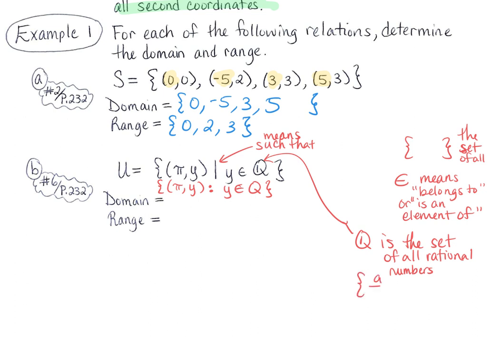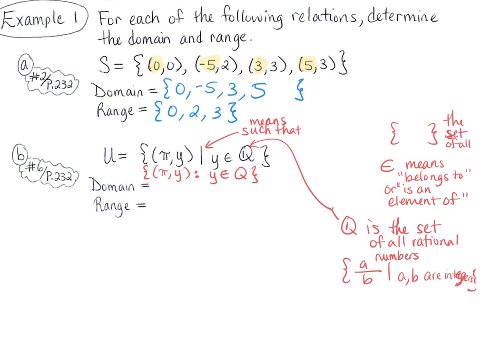So it's the set of all A over B, where A and B are integers. Okay? So the set of all rational numbers, fractions.